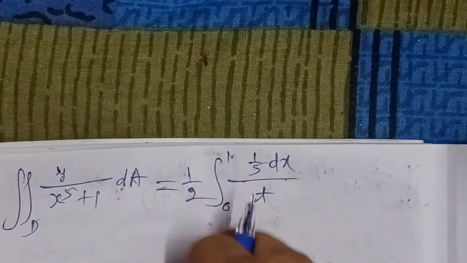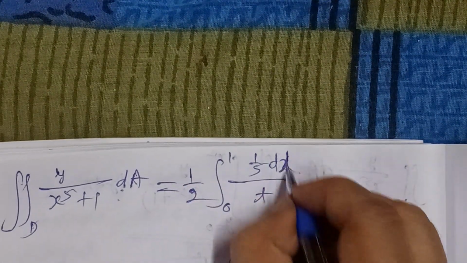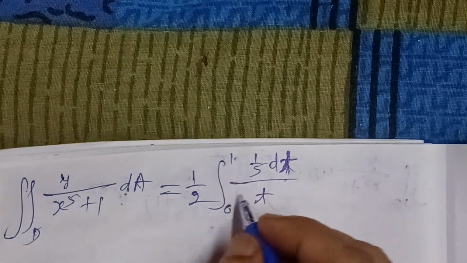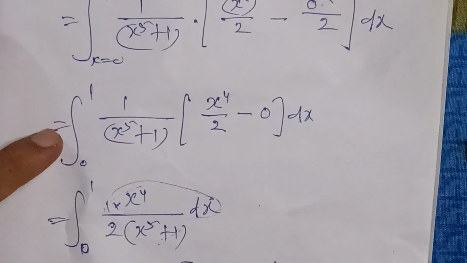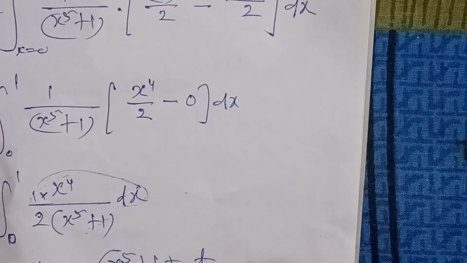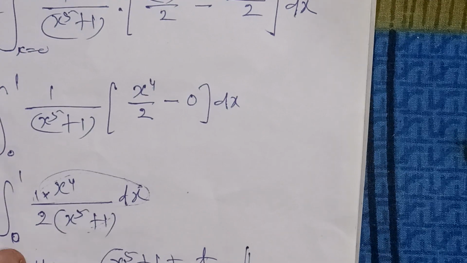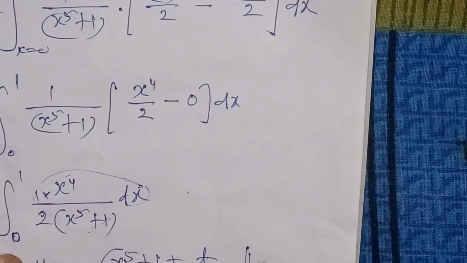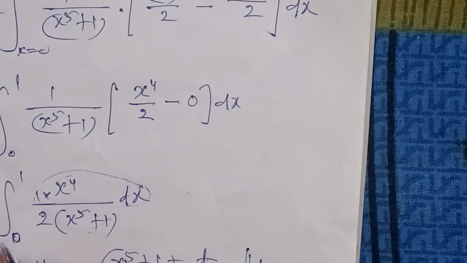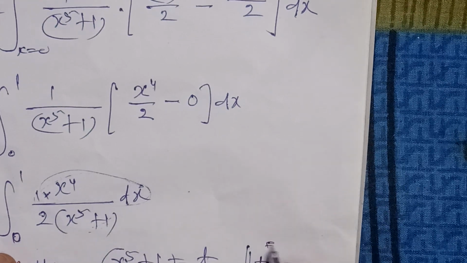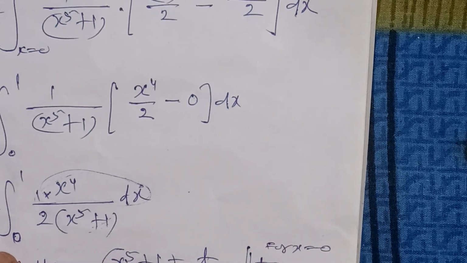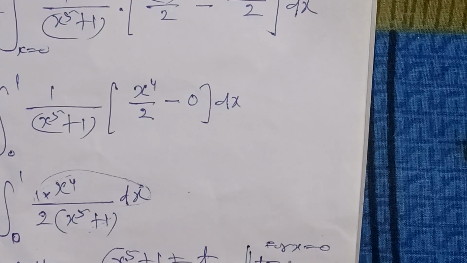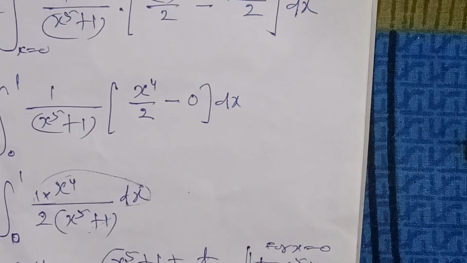It is no longer the limit of x; it is the limit of t. We have to check it. Because the relation is given, we can find the value of t easily by putting the value of x here. For the lower limit, x is equal to 0. We put x equal to 0 in 0 to the power 5 plus 1; 0 to the power 5 is 0, therefore the lower limit t is equal to 1.